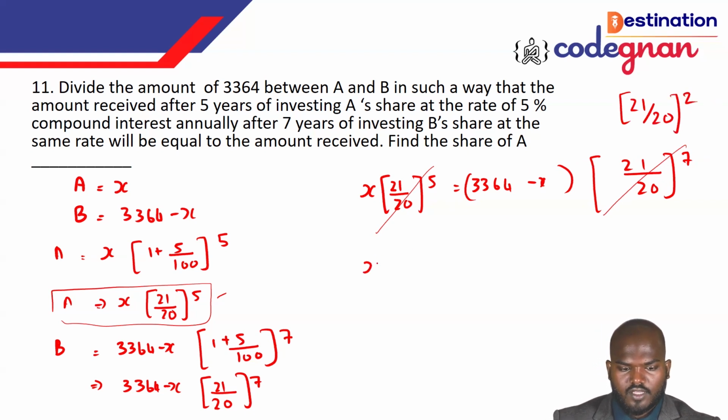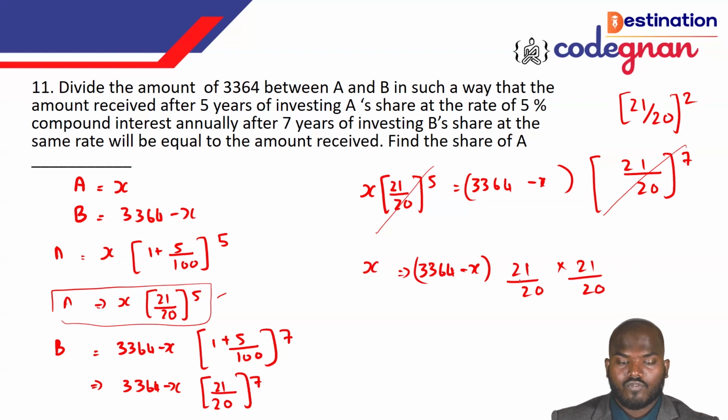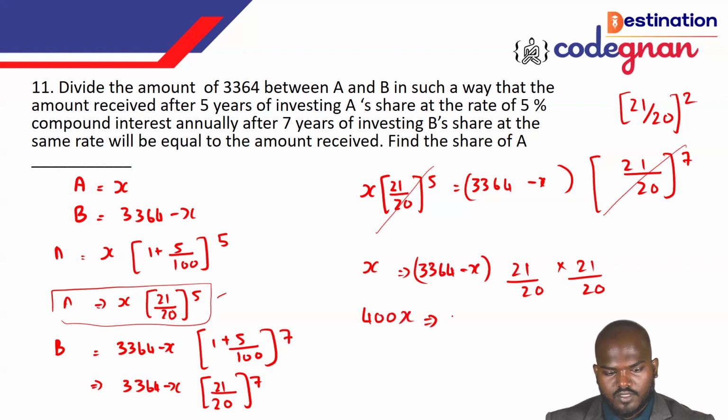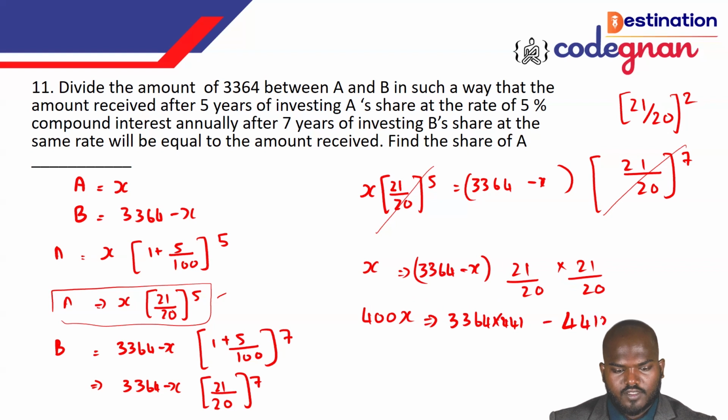So X is equal to 3364 minus X times 21 squared over 20 squared. 21 squared is 441 and 20 squared is 400, so 400X equals 441 times 3364 minus 441X. Taking the 441X to this side gives 841X equals 3364 times 441.